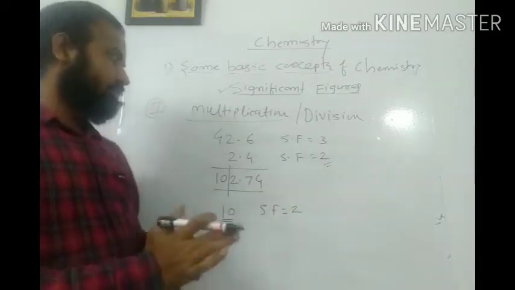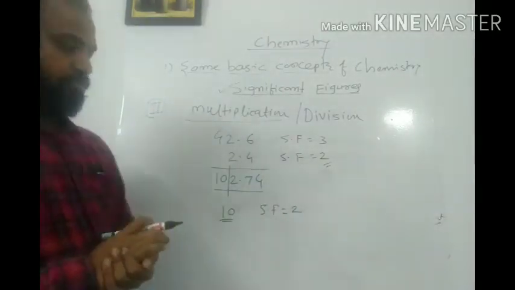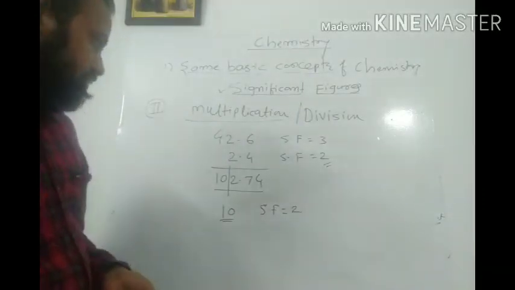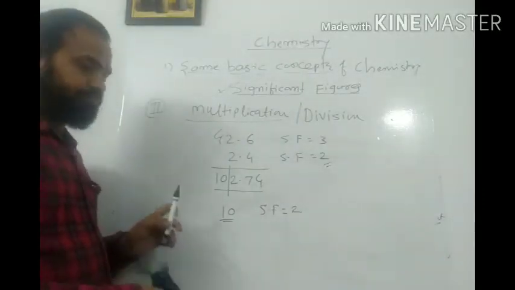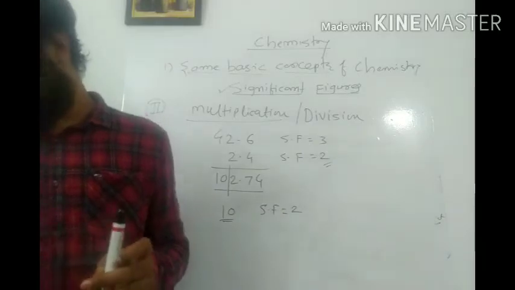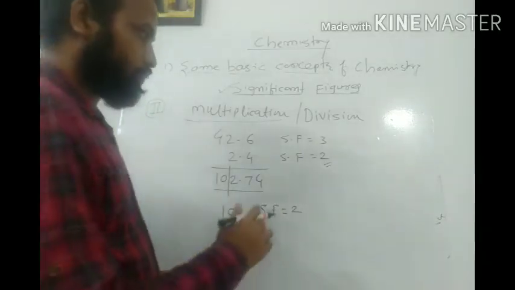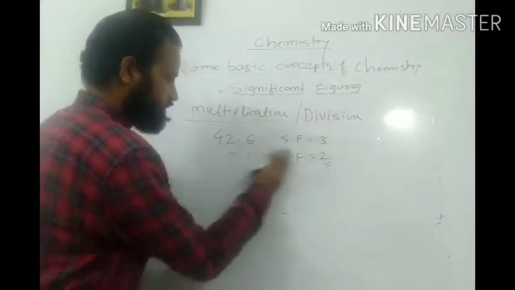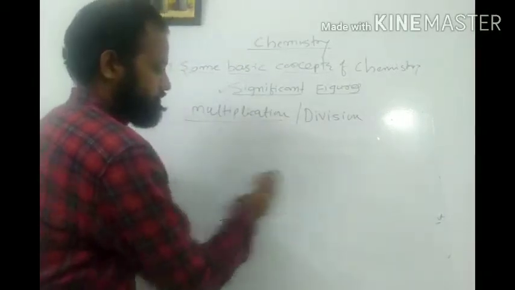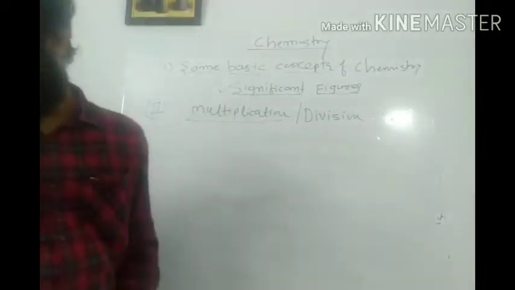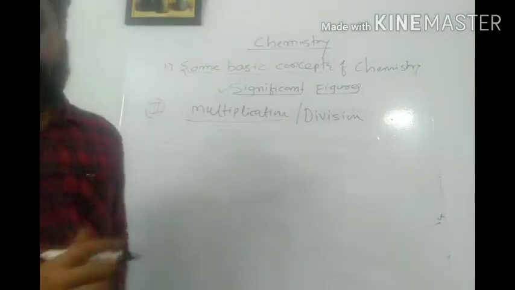Okay, so in this way we can see one more example, so it will be more clear for all of us. The second example is 3.61 into 1.2. I will write it again. Another example here, 3.61 into 1.2.